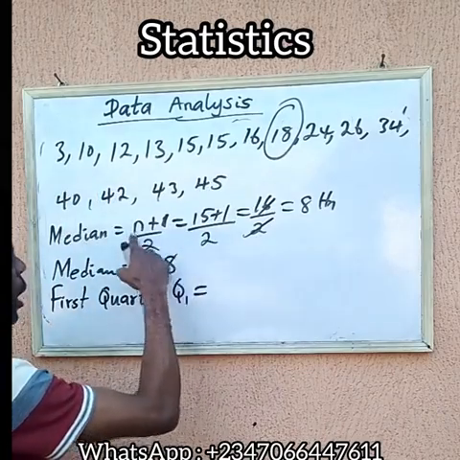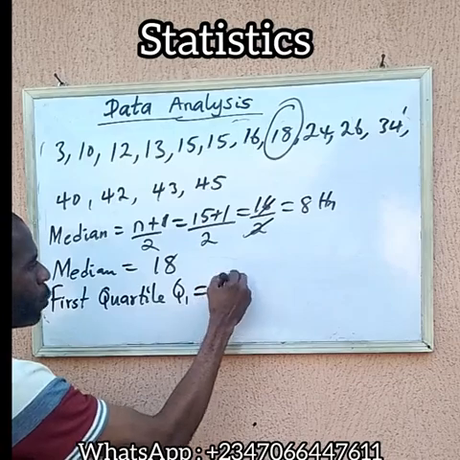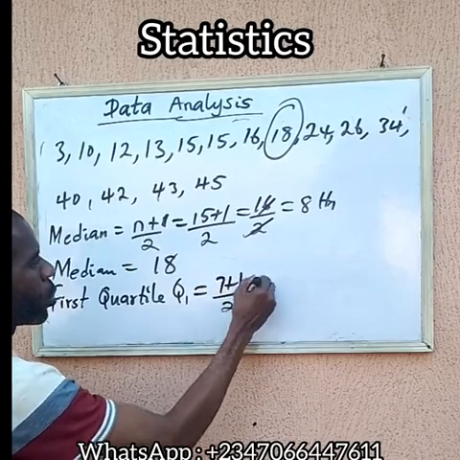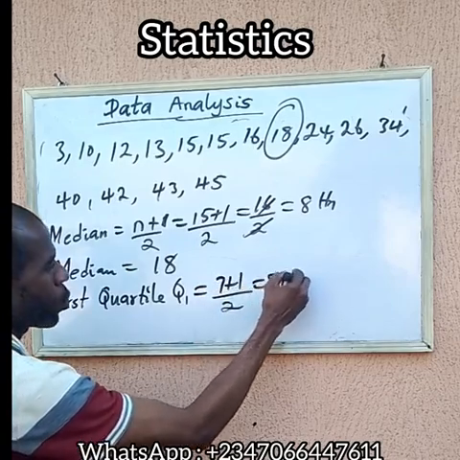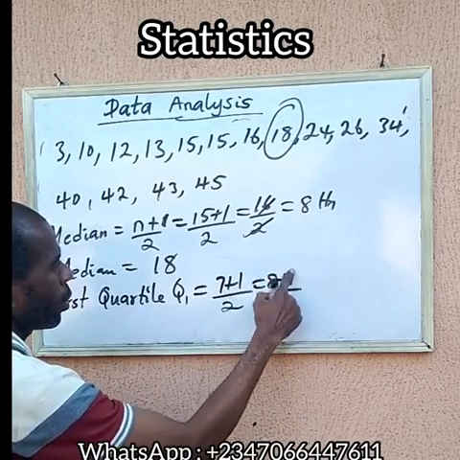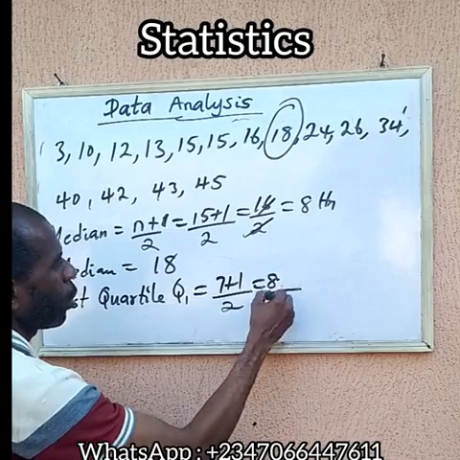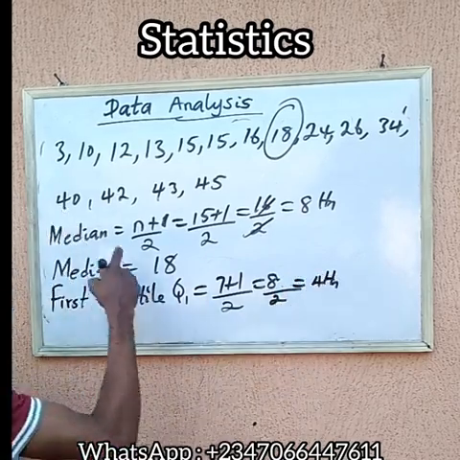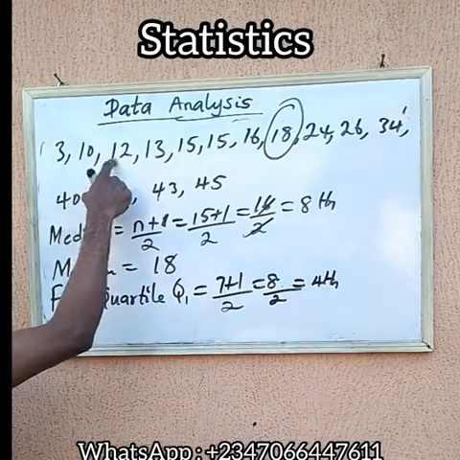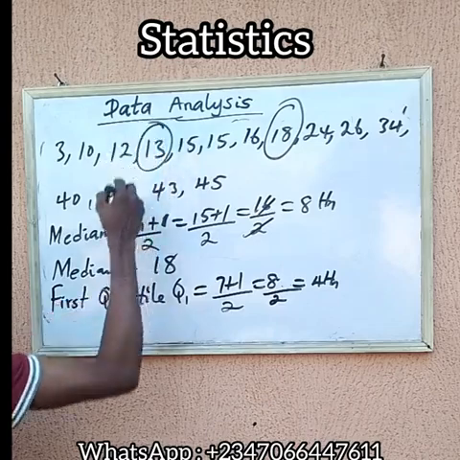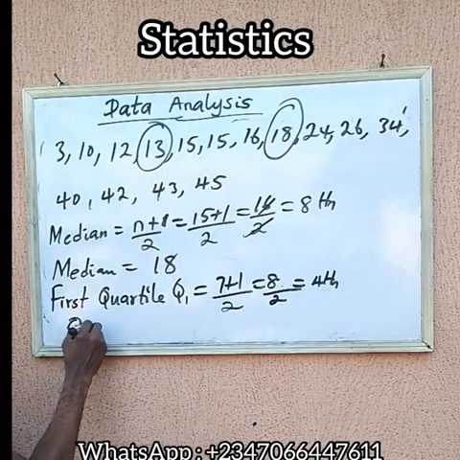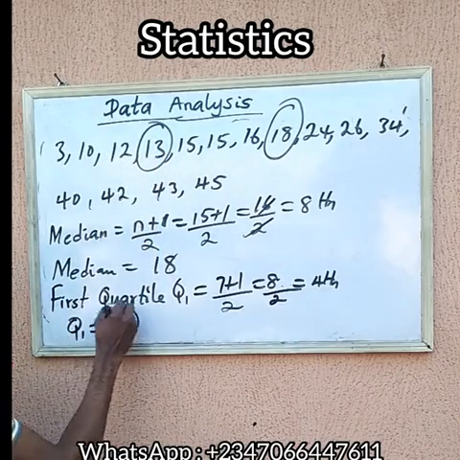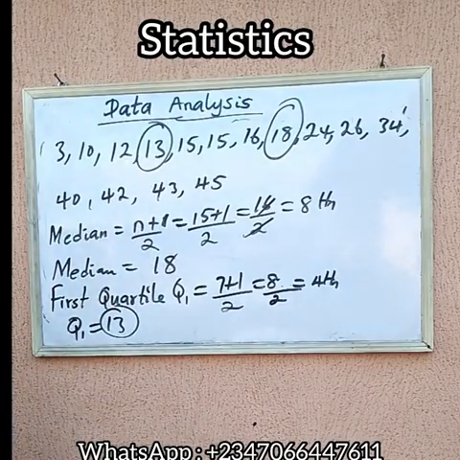We still use the same formula, n plus 1 all over 2: 7 plus 1 all over 2, which is 8 all over 2. The answer gives us the fourth number. 1, 2, 3, 4. So Q1 is equal to 13. That is for the first quarter.